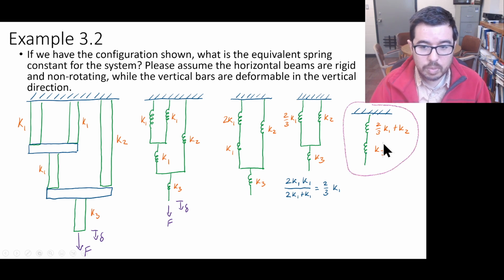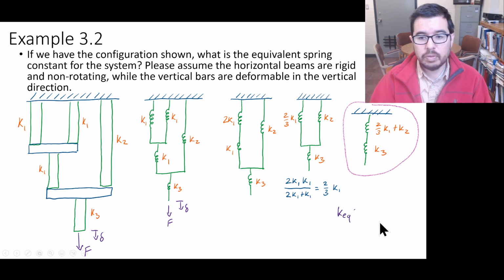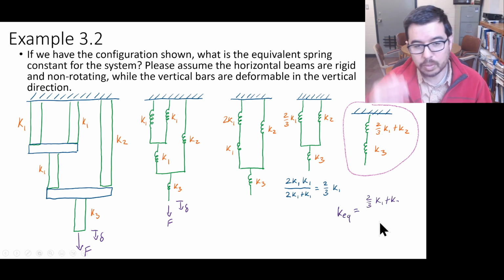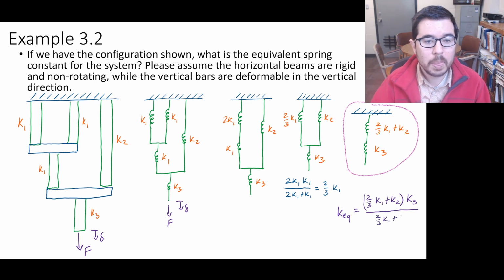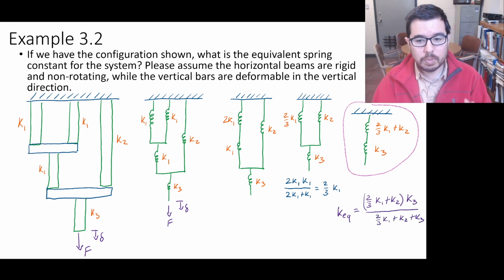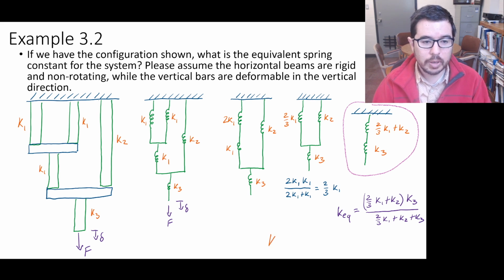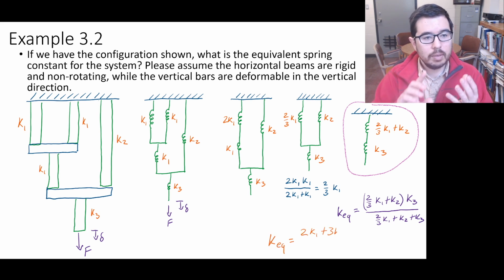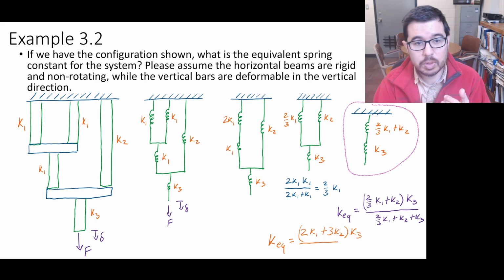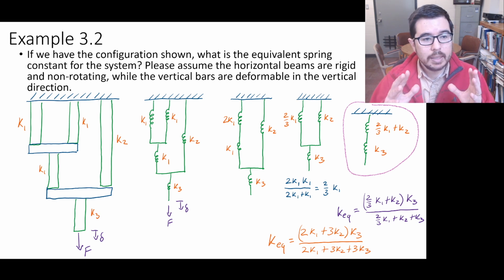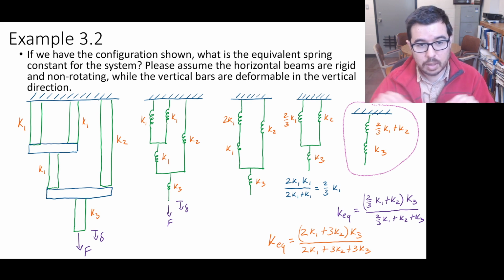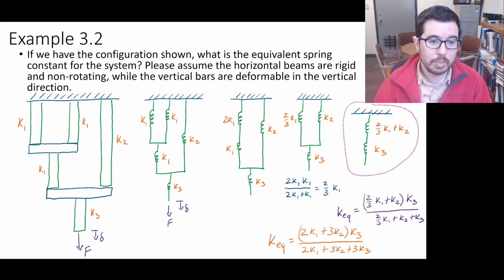And then write an effective spring constant as you see here. Okay. So this is pretty straightforward, using the rules that we've established for springs in parallel, springs in series, making some assumptions about how much rotation or not rotation we're having, how symmetric things are, and how rigid the horizontal beams connecting everything together might be as well.